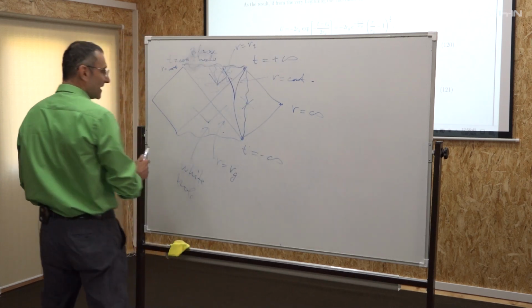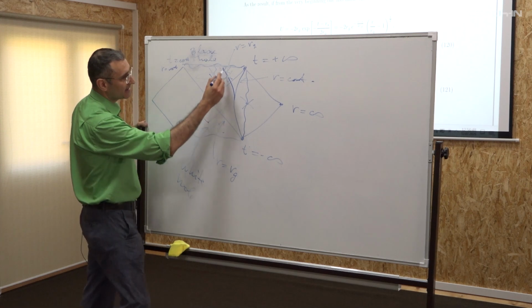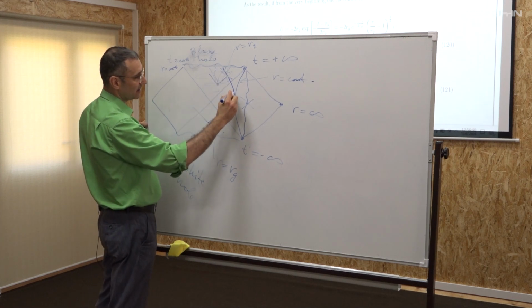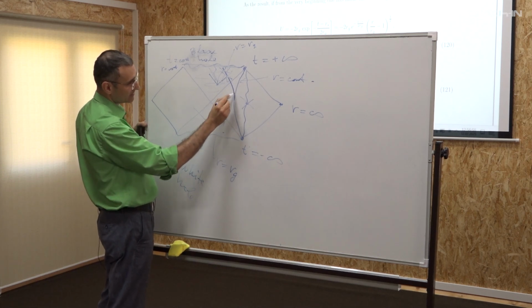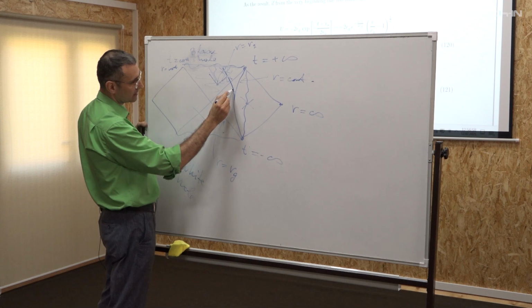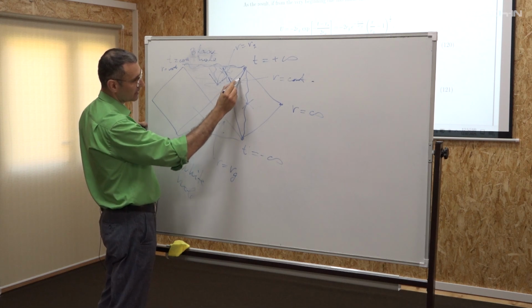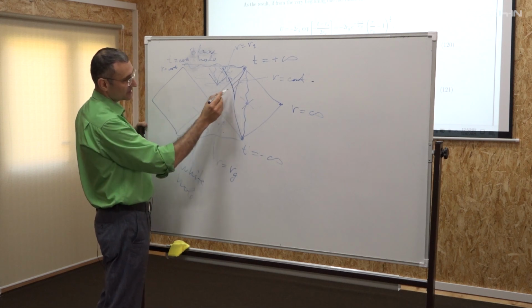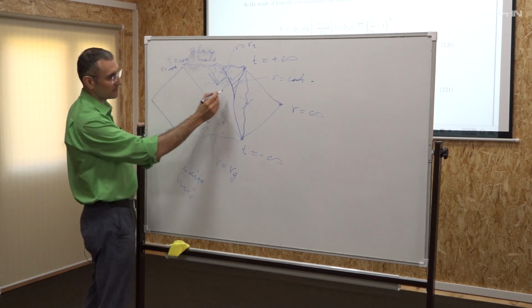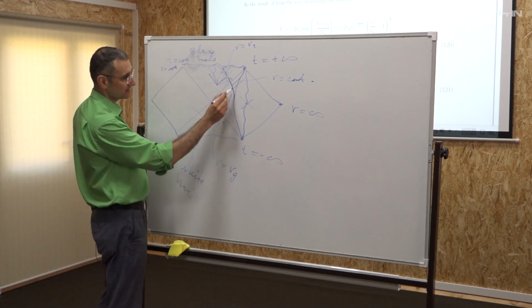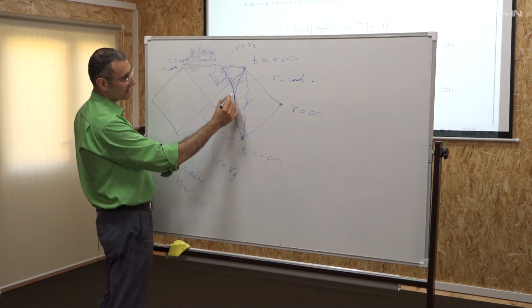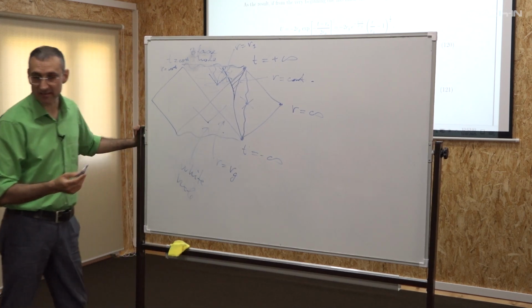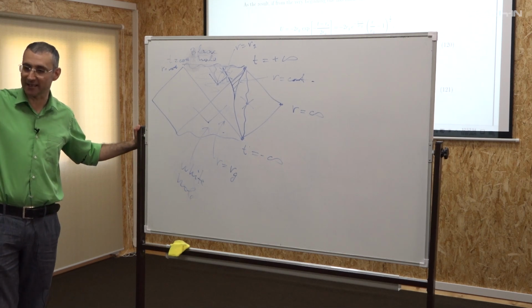That's the first thing. Second, suppose this guy emits light rays towards the guy who is hanging over the black hole. Suppose he emits, in his proper time, a signal every second. But the other guy receives the emitted signals later and later and later.